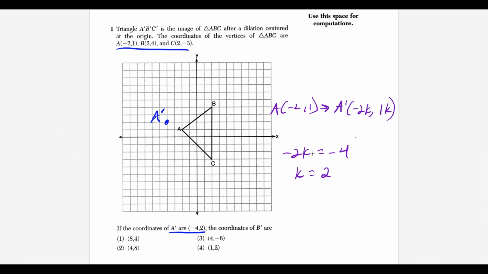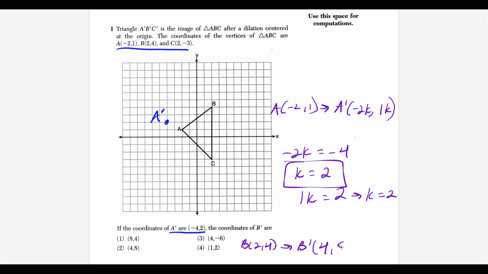If we had to, we could set 1K equal to the Y value 2, and that also tells us that K is equal to 2. So this is our constant value that we're multiplying by. To find the coordinates of B prime in a more technical way, B is the point 2, 4. For B prime, we multiply each of these by 2, and that gives us 4, 8. So definitely choice 2.